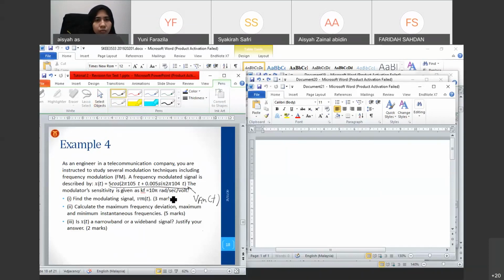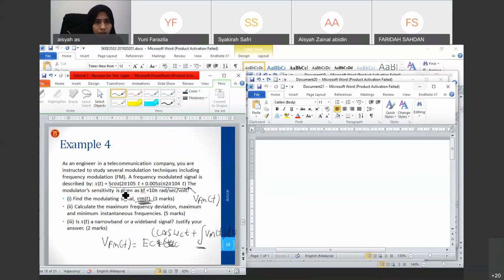So from here you need to use this one: VFMT equal to EC cos omega CT plus the representation of VMT dt. Okay, from here you change back to get the VMT.